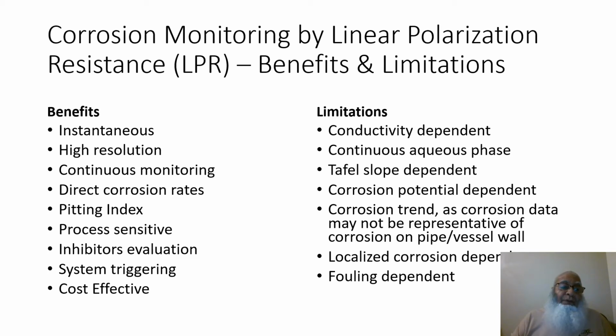It can also be used to trigger the injection pumps. If you have a system linked with the injection pump, and you fix a corrosion rate, and the corrosion rate exceeds the fixed corrosion rate, it can trigger the injection pump, which can inject more inhibitor into the system.